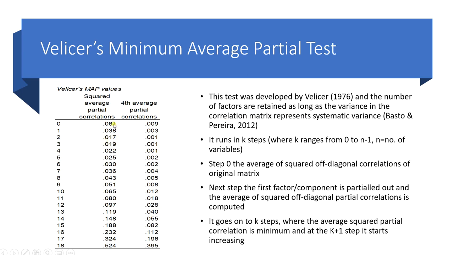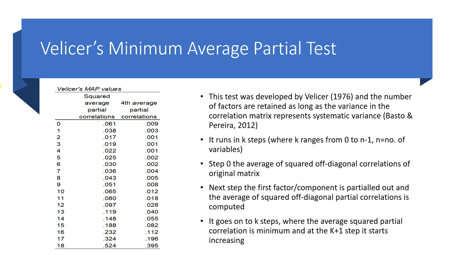So in this example you can see that the zero order, that is the original correlation matrix, average is 0.061, and then when the first component is partialed out it reduces to 0.038. When the second was partialed out, it further reduced to 0.017 and then it is increasing to 0.019. It is higher. So this example is suggesting that the second step means two factors will be retained.